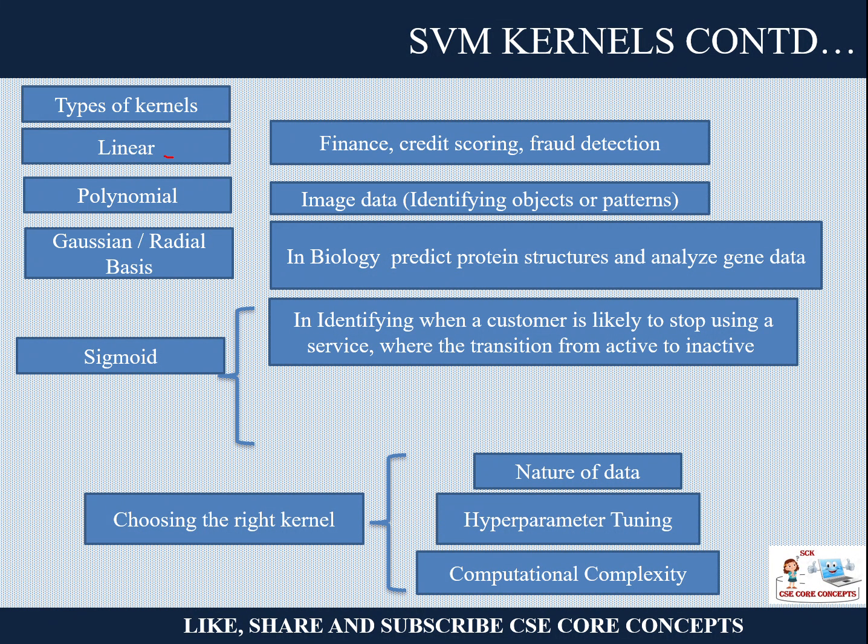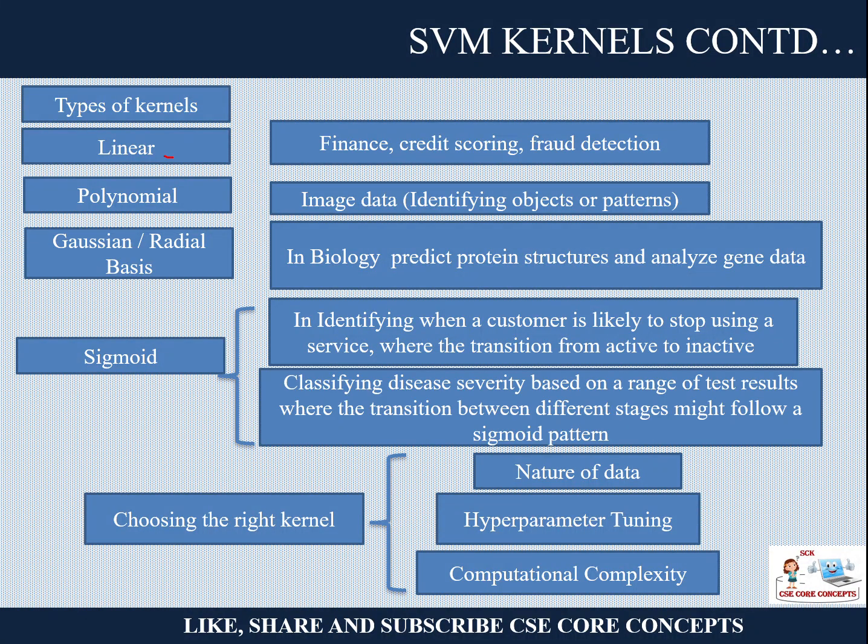There you can understand using that sigmoid curve the transition from an active to an inactive state. Or suppose you are classifying disease severity. Say you have 50 data sets, and everyone is COVID positive.